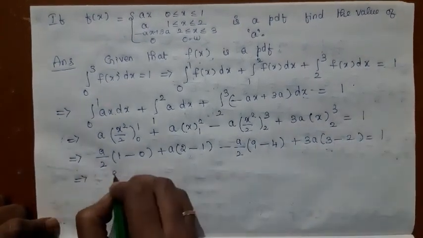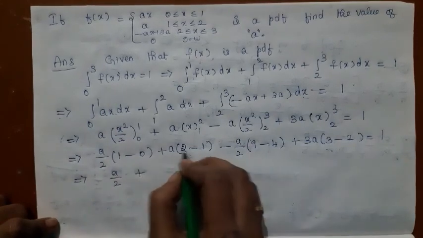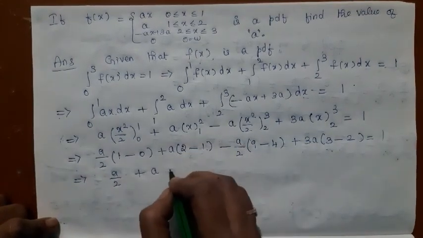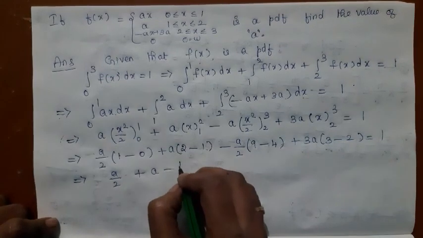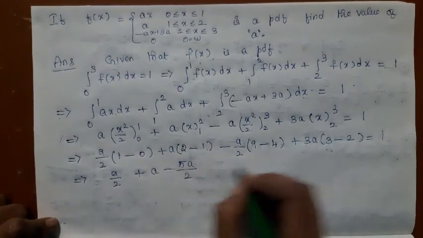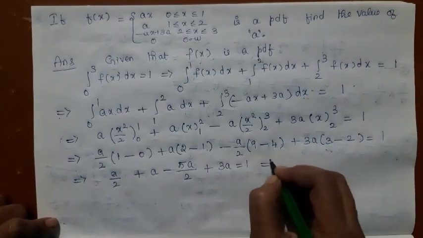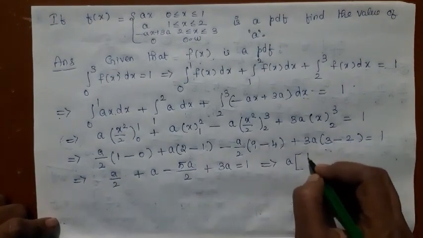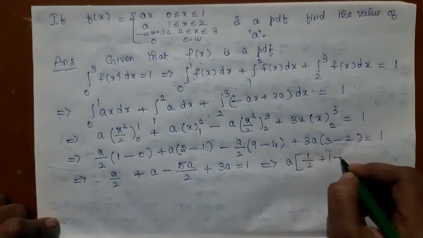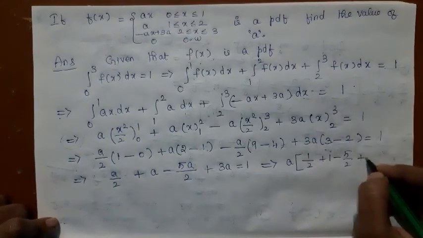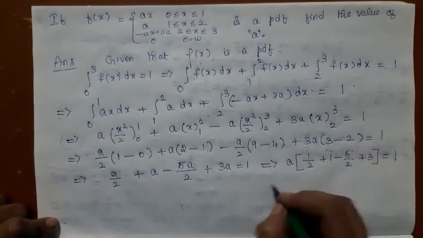So you have a by 2 plus 2 minus 1 is 1, a, minus 9 minus 4 is 5a by 2, 3 minus 2 is 1, 3a equal to 1. Let us take a outside. So you have a times 1 by 2 plus 1 minus 5 by 2 plus 3 equal to 1.